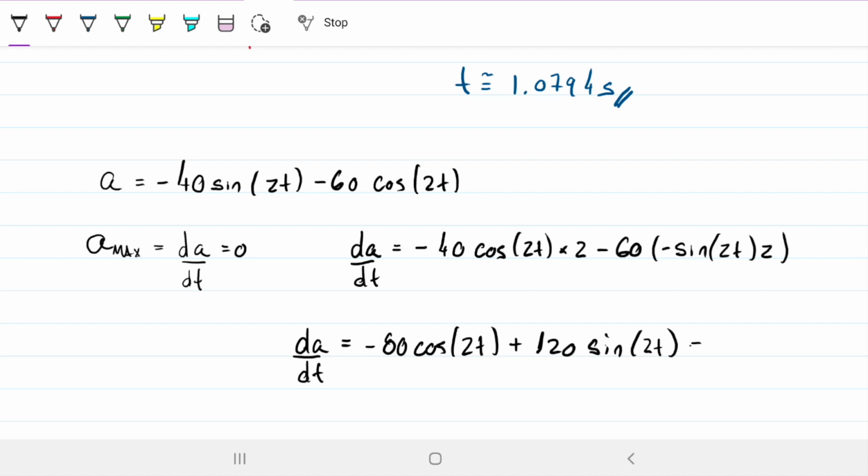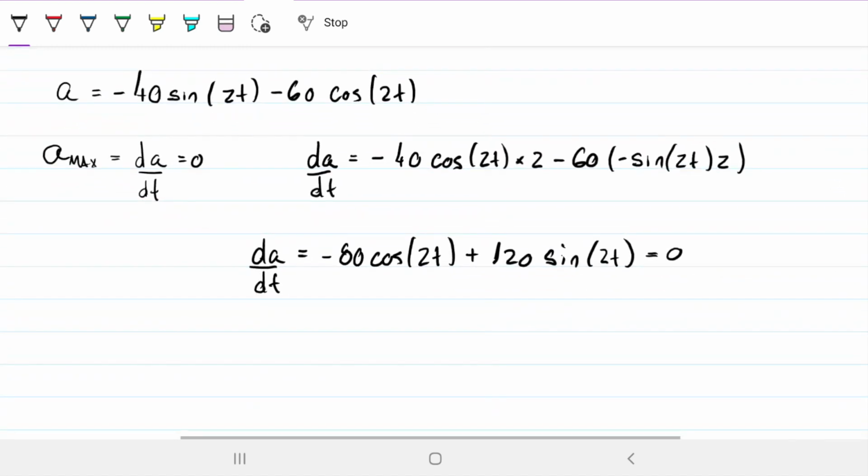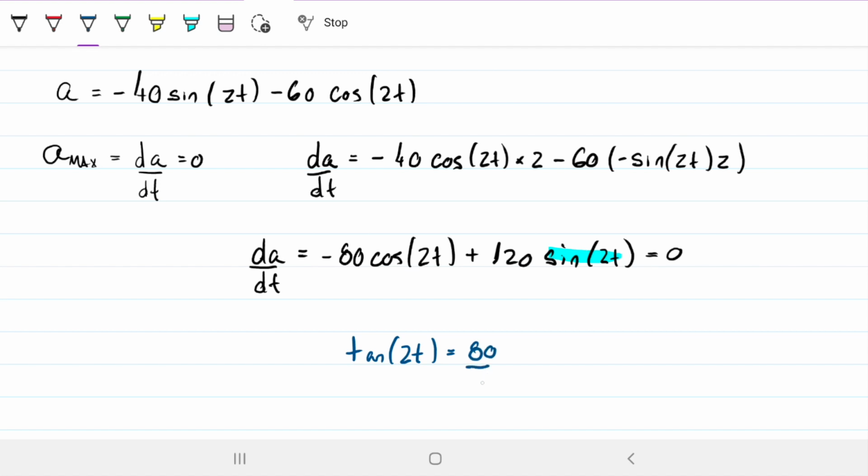And we're making this equal to 0 to find the time at which acceleration is maximum, right? So once again, we're going to do the same process. We can divide by cosine of 2t on both sides to get the tangent on this fella here. And we end up with the tangent of 2t equals 80 divided by 120, which is just 2 over 3.